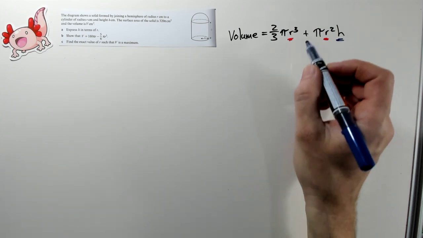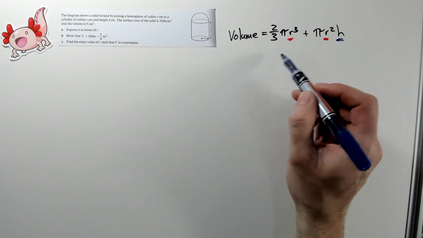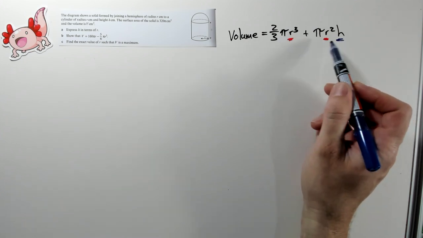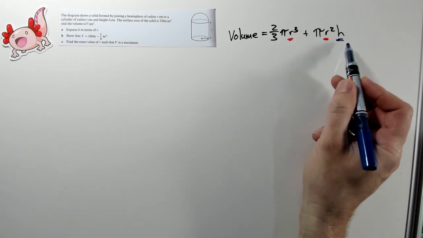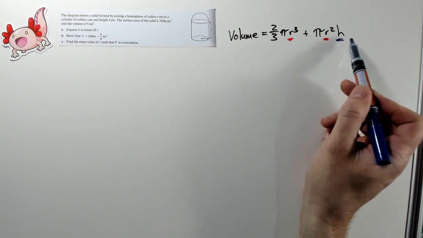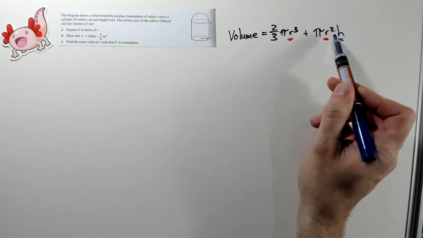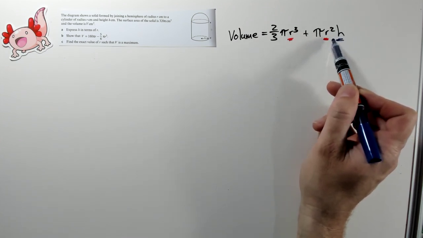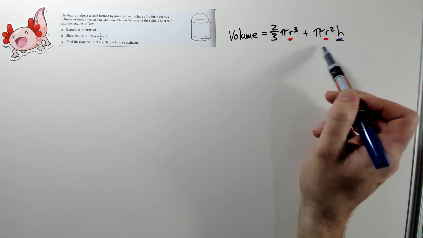I only want to input maybe r or only h, and once I differentiate with respect to r or with respect to h, I'd be able to find the maximum volume. So then I'd need a relationship between the radius and the h, because if I can write r in terms of h or h in terms of r, then I can sub that in here.